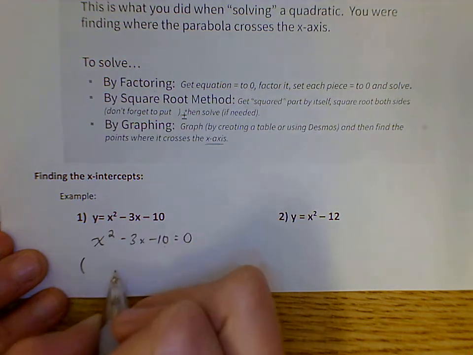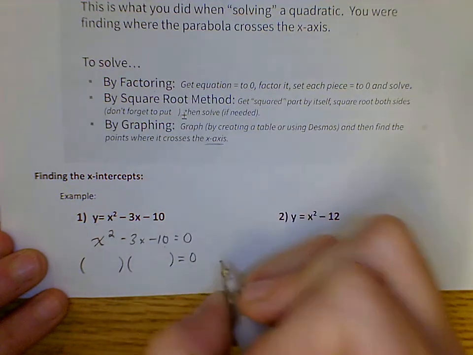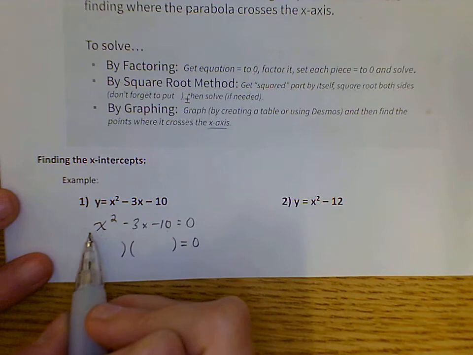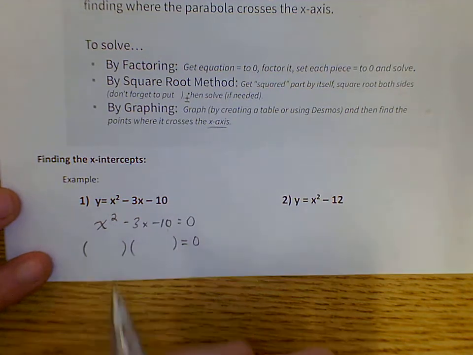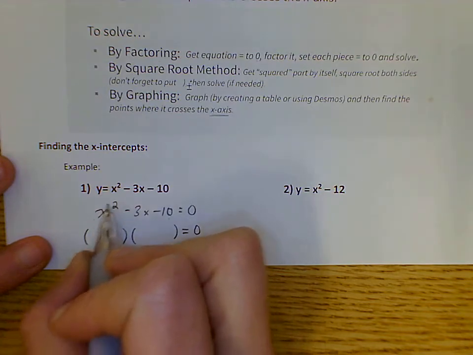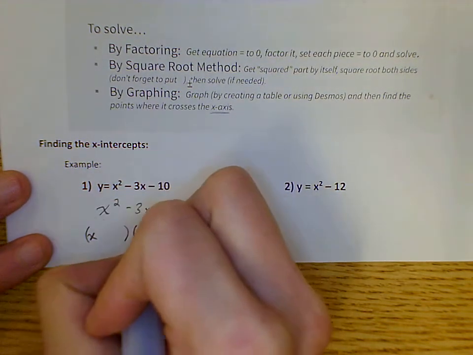And so to factor it, that's where you do the trinomial stuff. And so is it going to be one that's just a regular trial and error or a chin and grin? So if you look up here, it's got a 1, so that's a basic one, which is just trial and error. And so you ask yourself, okay, what times what gives me x squared? And it would be x and x, so that's what goes first.